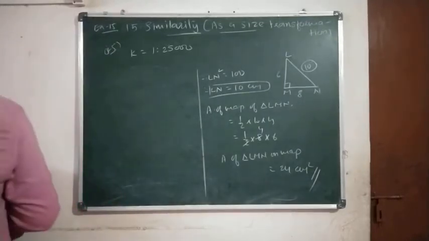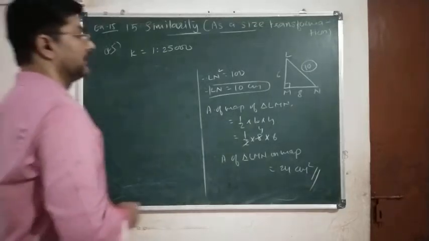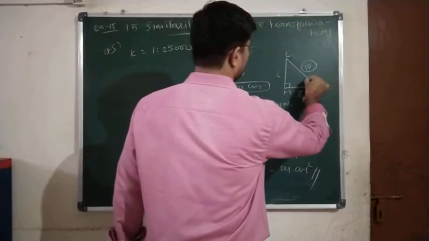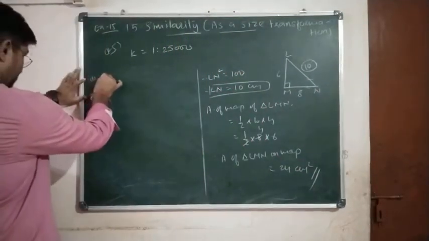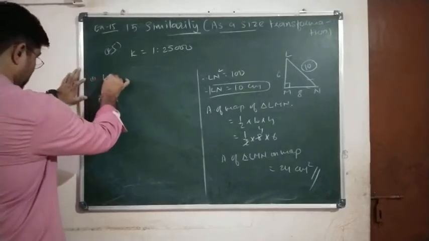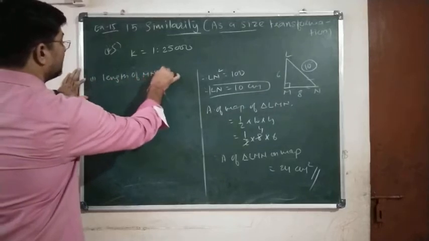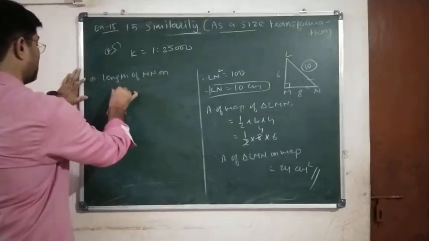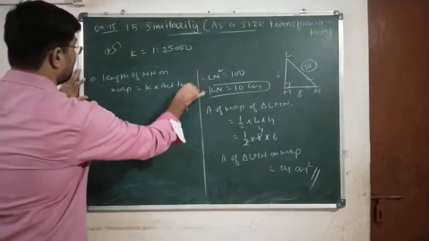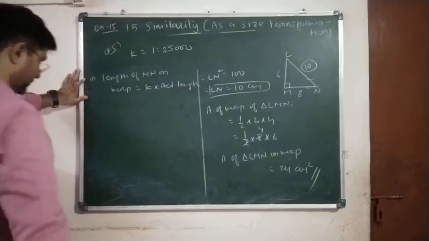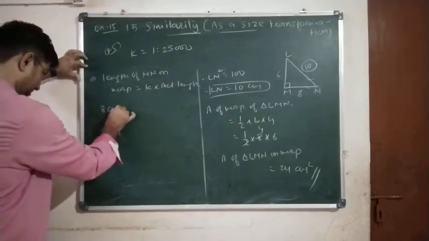Now number one, we have to find the actual lengths of MN and LN. So we'll put the formula. Length of MN on map is equal to k into actual length. Length of MN on map is 8 centimeters, remember.